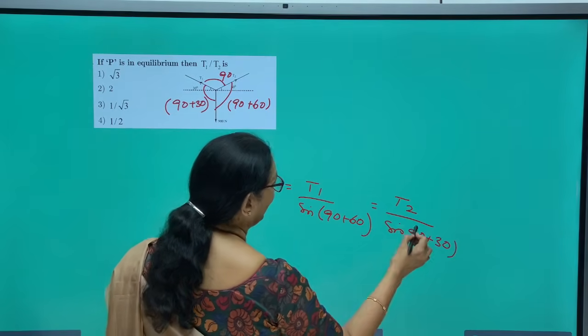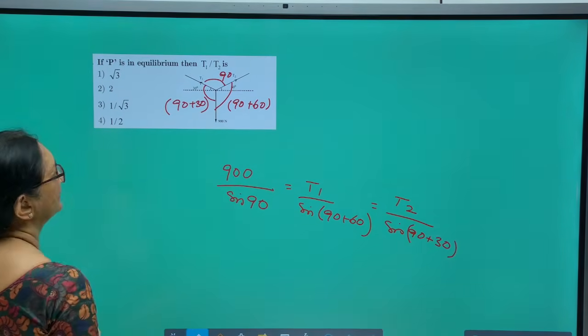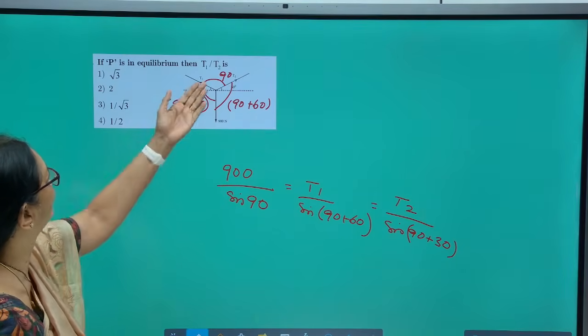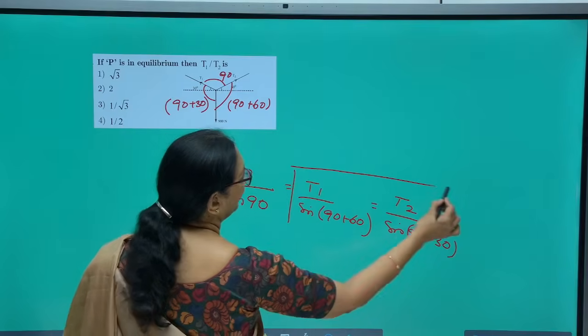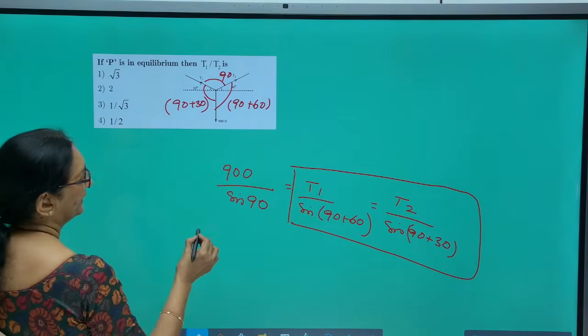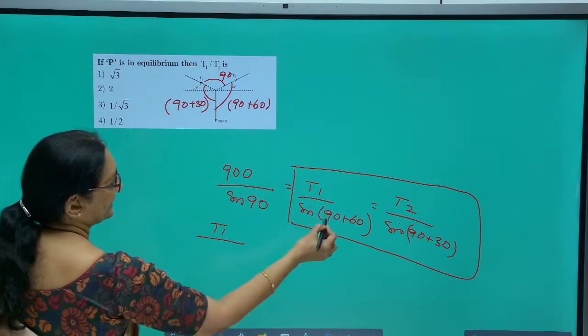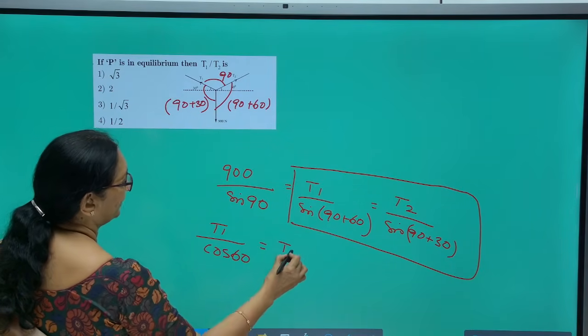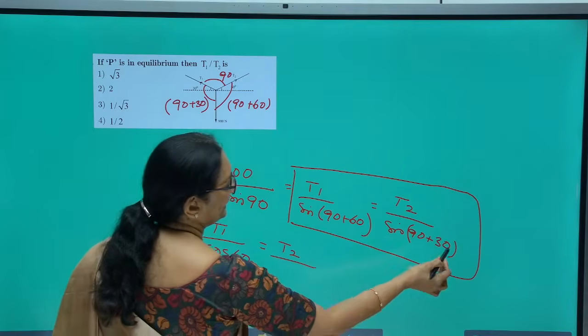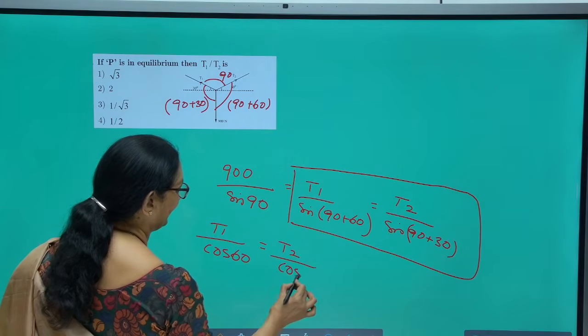You need not find the values of T1 and T2, because you are supposed to find only T1 by T2. If you consider these two, T1 by sine 90 plus 60, which is cos 60, is equal to T2 by sine 90 plus 30, which is cos 30.